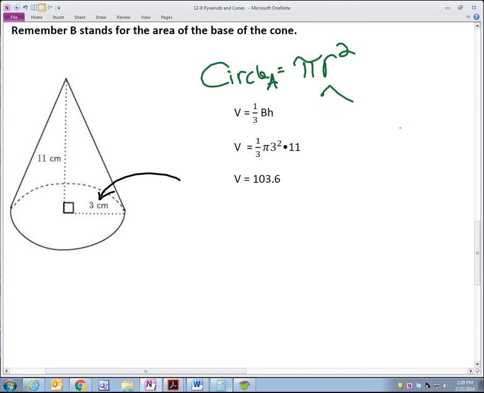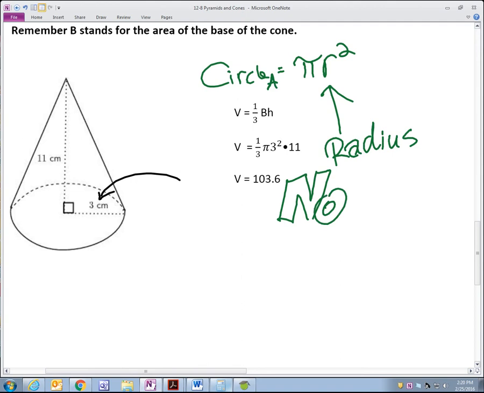I want you to write this: radius, not diameter. The only time you're going to use a diameter is if you use that form of the circumference, which is one-dimensional.